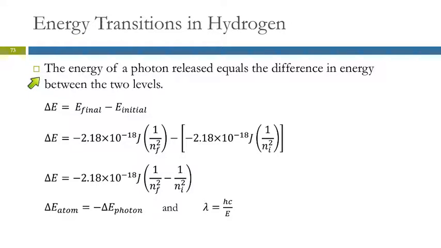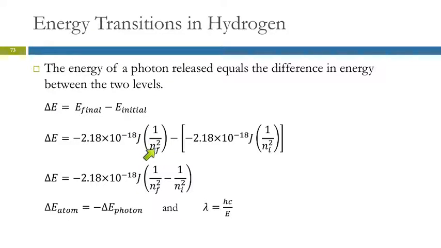The energy of a photon released is the difference in energy between the two levels. So delta E, the energy that's released, is the final energy minus the initial energy. And we learned earlier that for an electron in an energy level, the energy is minus 2.18 times 10 to the minus 18th times 1 over n squared.